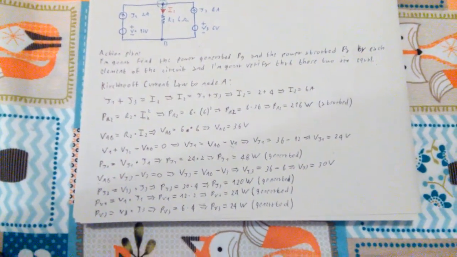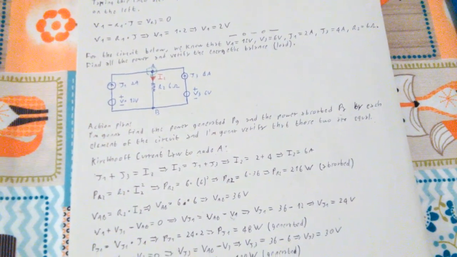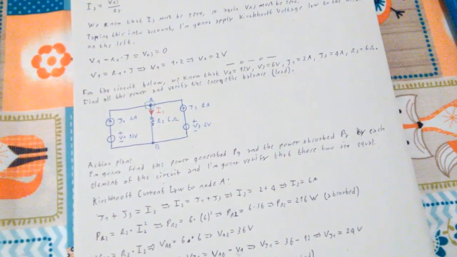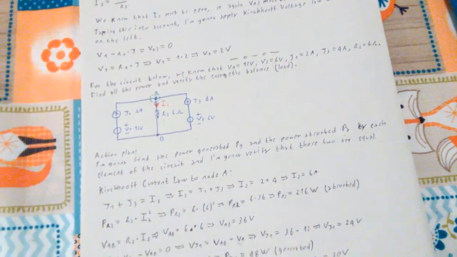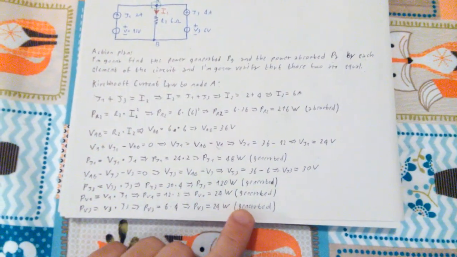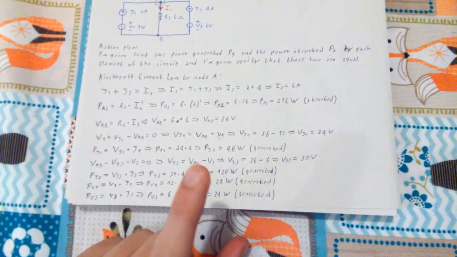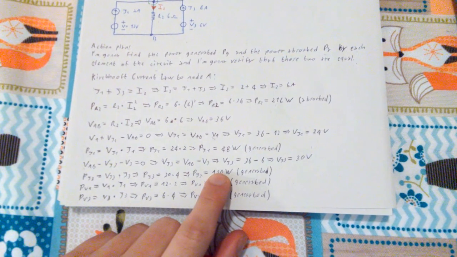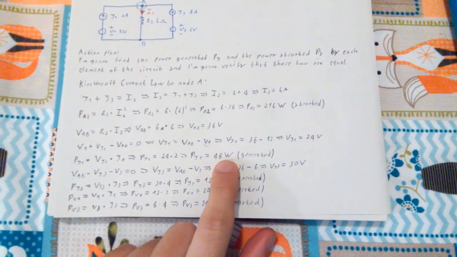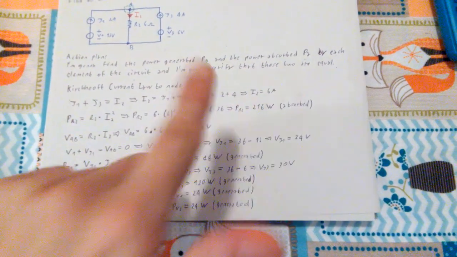Okay, so now we're basically there, because we're basically done. All we need to do now is just to verify the balance. So we're gonna say, okay, let's see, is 24 plus 24 plus 120 plus 48 equal to 216? Yes, it is.